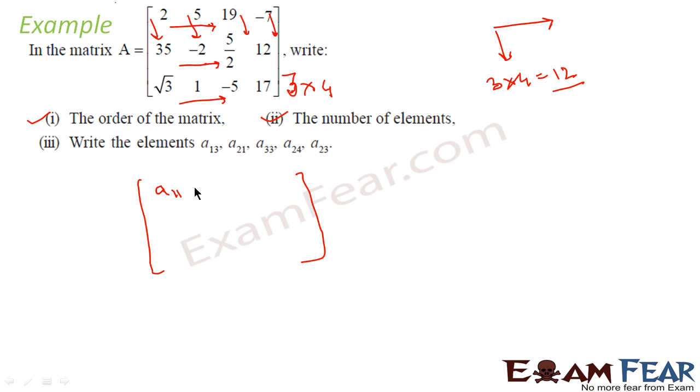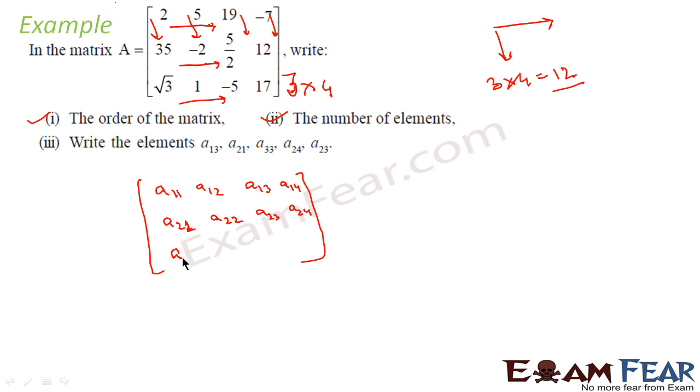The first is A11, then it's A12. The second element is A13 and this is A14. Similarly, this element will become A21, A22, A23 and this is A24.